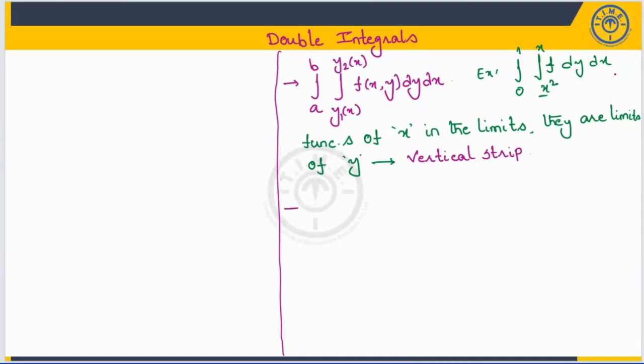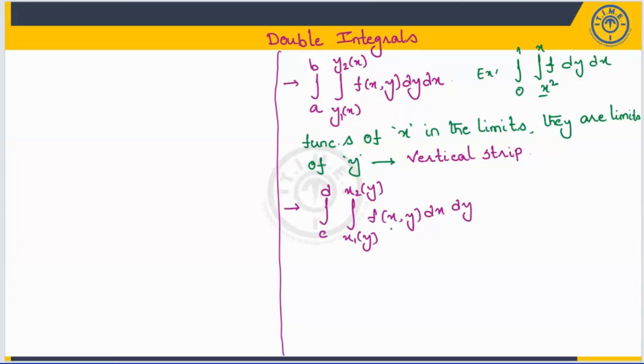And in the same way, if I am having integral from c to d, integral from x1 of y to x2 of y, some function f of x comma y dx dy.